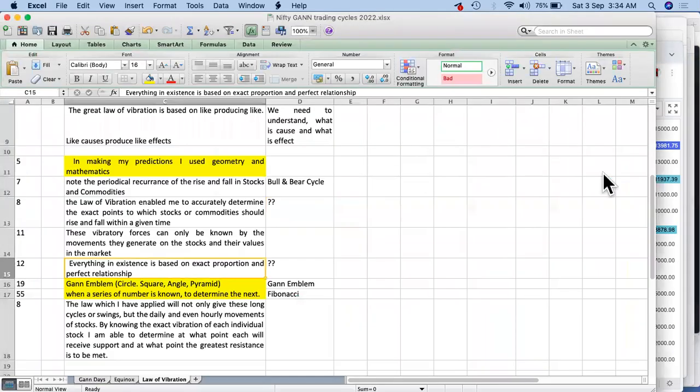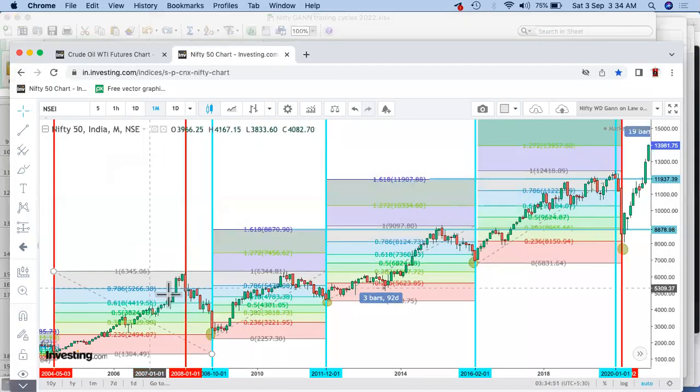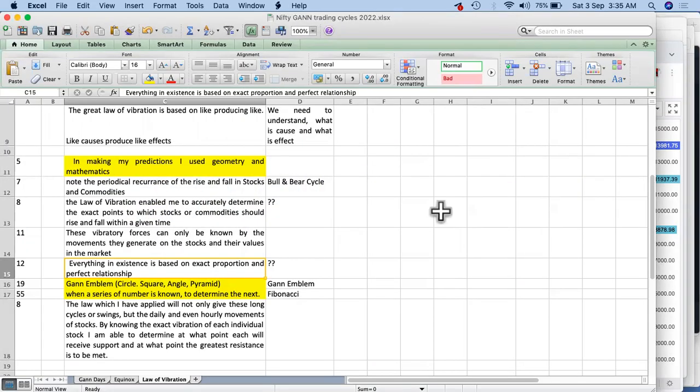So this is again talking in terms of proportion. Existence is based on exact proportion and perfect relationship. So perfect relationship is like the proportion is there and the relationship is in terms of maybe say the extension or the target which is there, either of them, whatever you consider, right?